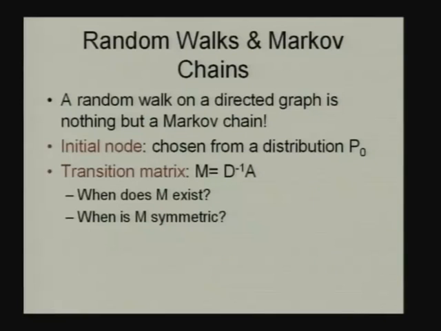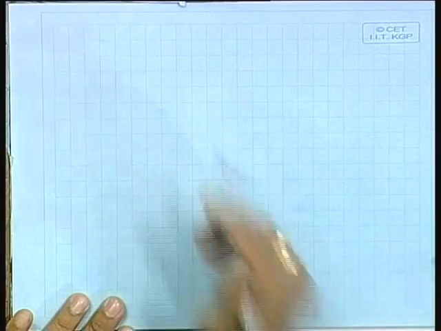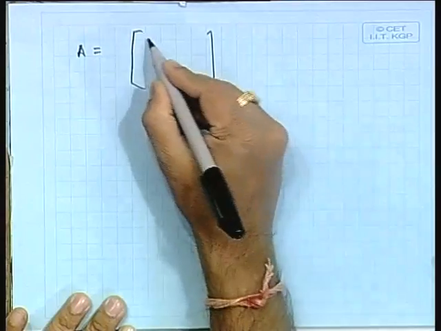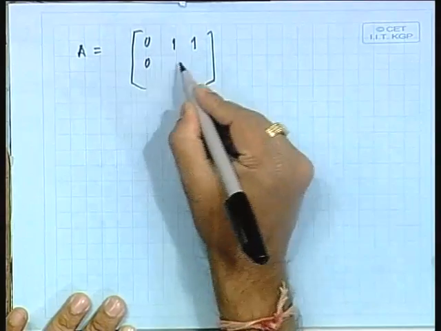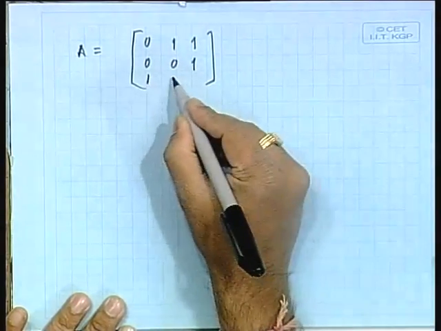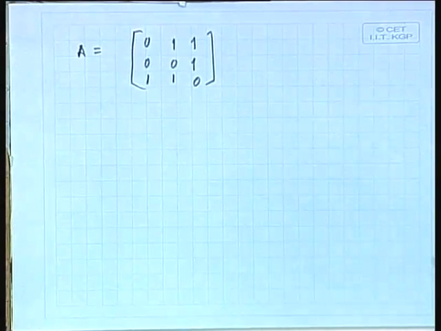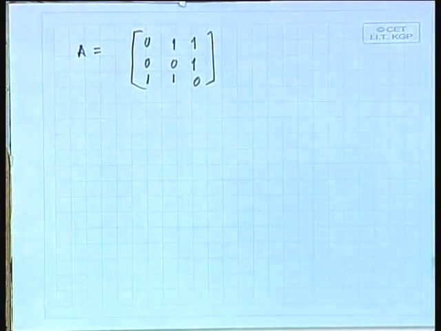This is just a notation, and then the matrix that you have here is called the transition matrix. So, remember, the matrix A was the adjacency matrix for the graph. It could be something like this. So, this is the adjacency matrix of any three node graph.